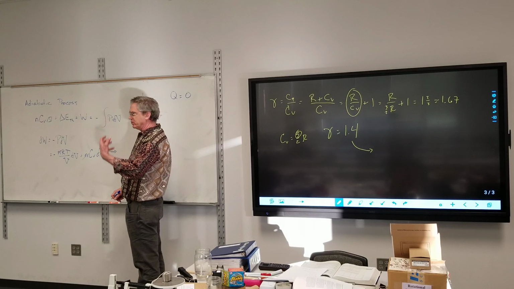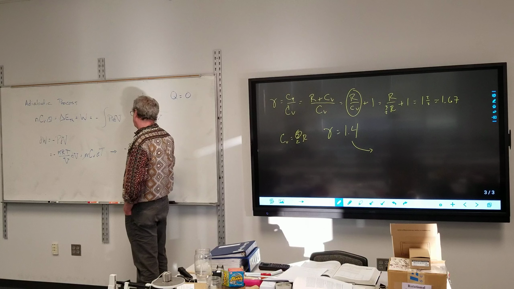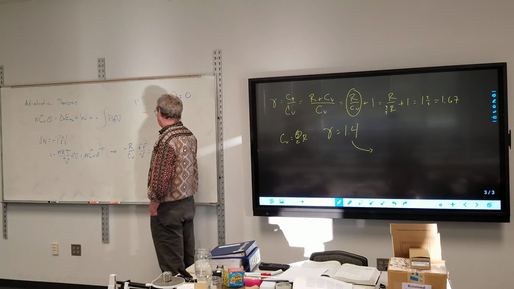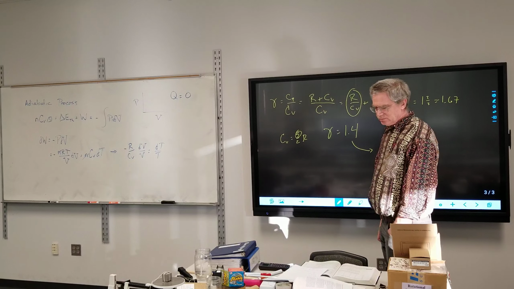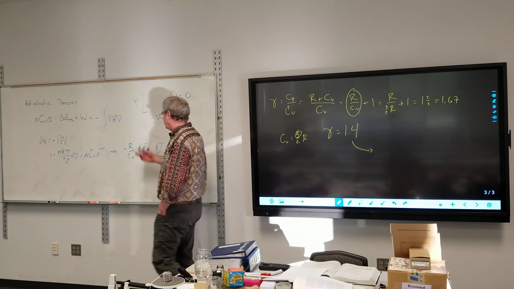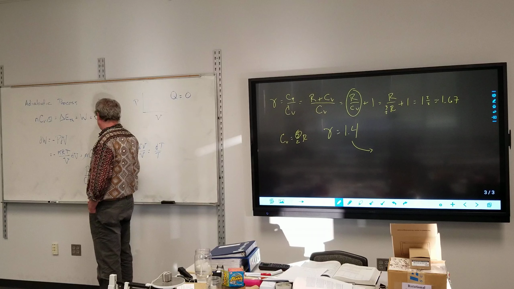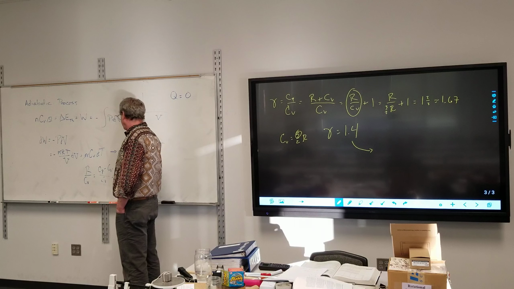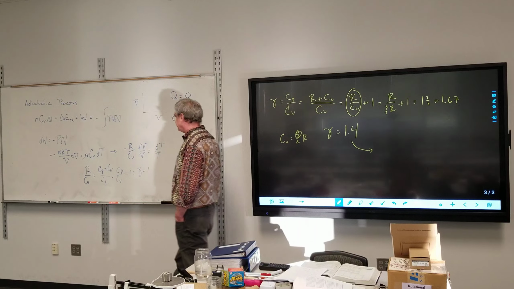Working this around, getting the volumes on one side and the temperatures on the other, I've got negative R over CV times dV over V is equal to dT over T. This R over CV, well, I know that's CP minus CV over CV, which is CP over CV minus 1, which, as we defined gamma over there, is gamma minus 1.